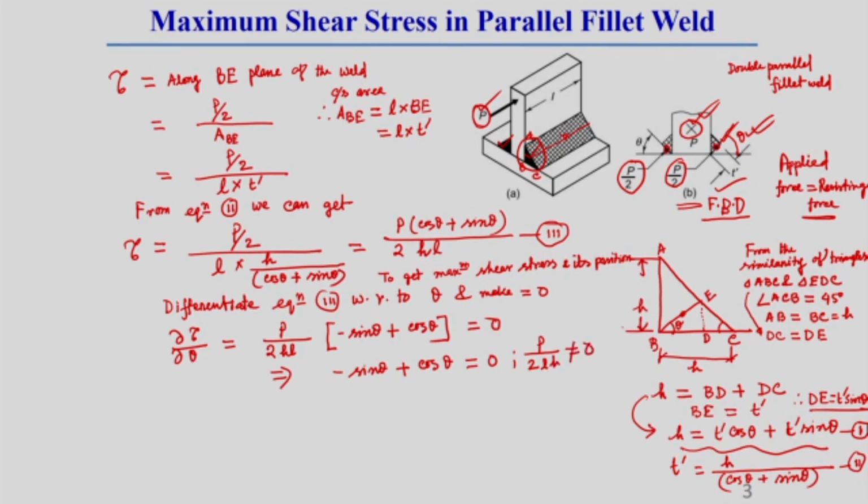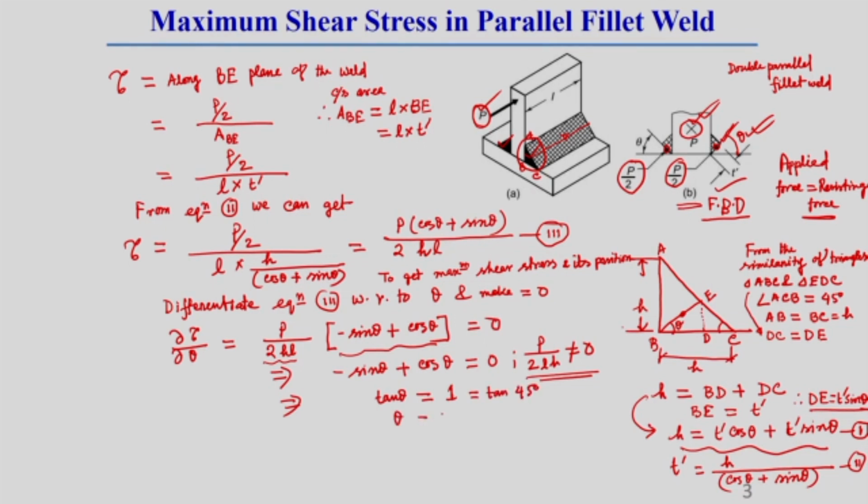If the multiplication of two things is equal to 0, then either one part is equal to 0 or the other part is. As this part is not equal to 0, we can write minus sin theta plus cos theta equal to 0. From here we get tan theta equal to 1, which means tan 45 degree.